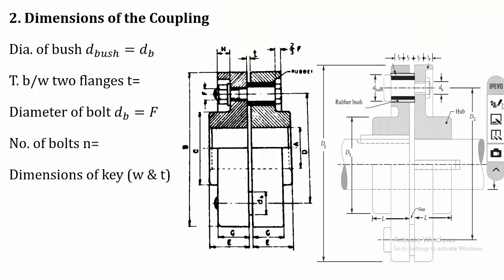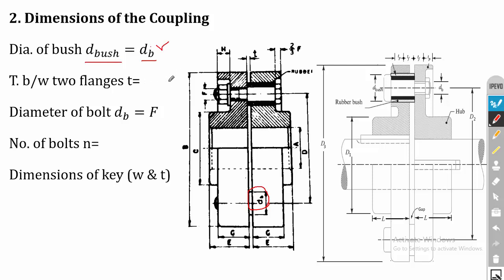Then the diameter of the bush. D bush is equal to, in the data book, DB. So DB is not the diameter of the bolt here. DB is the diameter of the bolt in the case of our calculations. But in the data book, D bush is equal to DB and the thickness between the two flanges is T. Okay, fine.